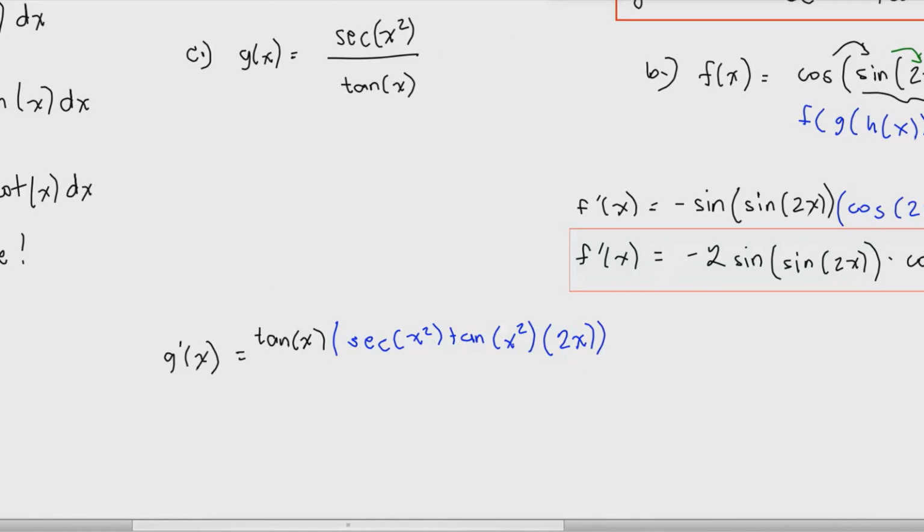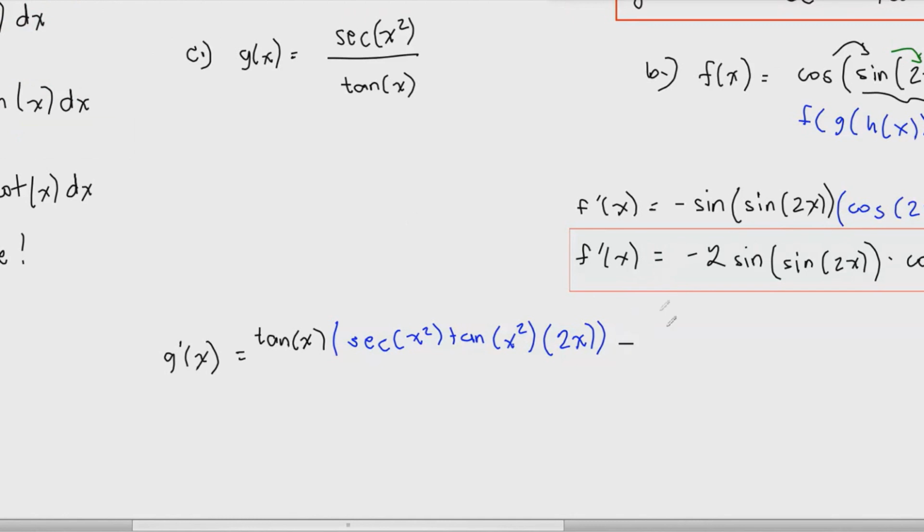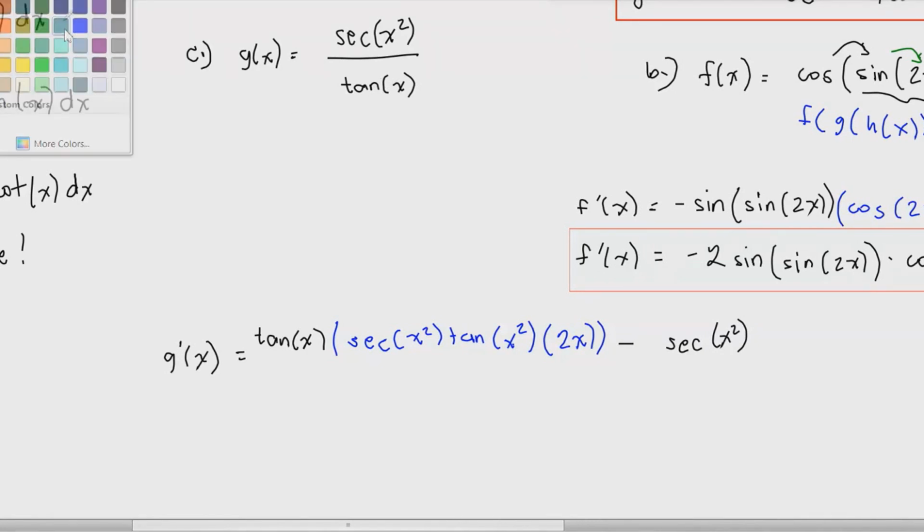And now since this is the quotient rule, we'll be subtracting, and then we copy the numerator secant and multiply this with the derivative of the denominator, and the denominator would be tangent x.